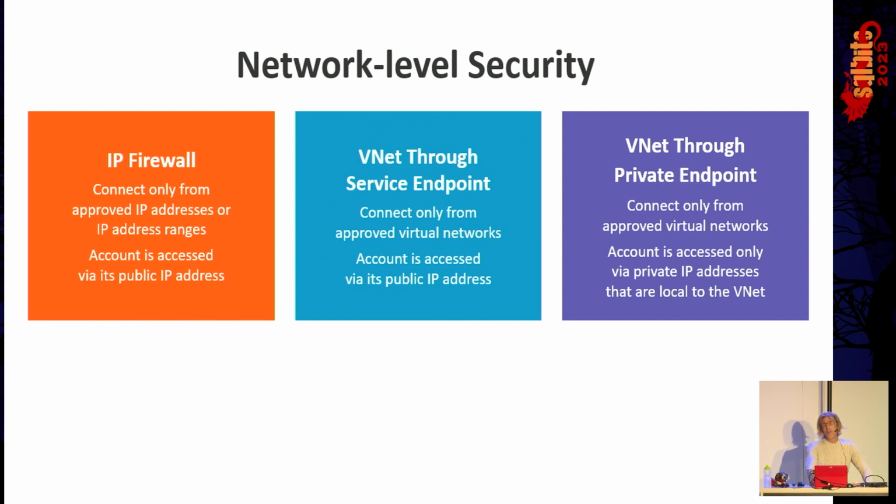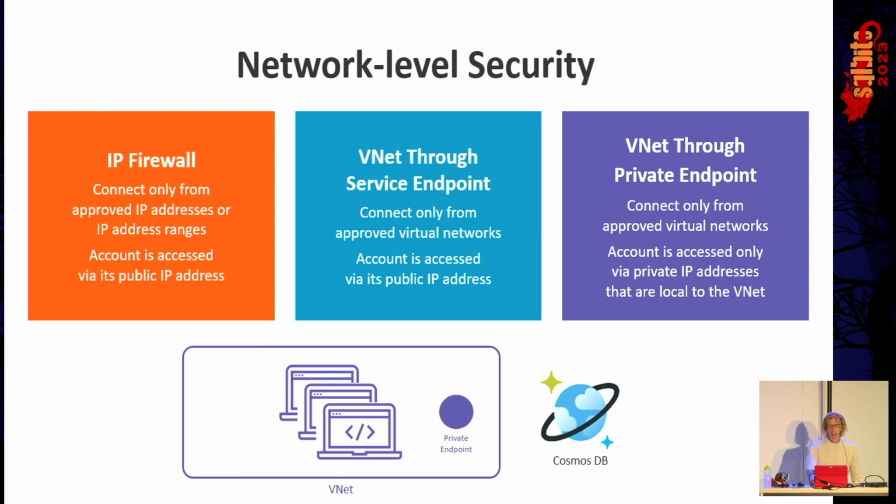but at that point, Cosmos DB no longer exposes a public IP address, only a private IP address. And that private IP address is accessible only from the approved network, which itself has no public IP addresses. Technically, there is still a public IP address for Cosmos DB, but it is effectively disabled, and now there's only a private IP address on Cosmos DB.